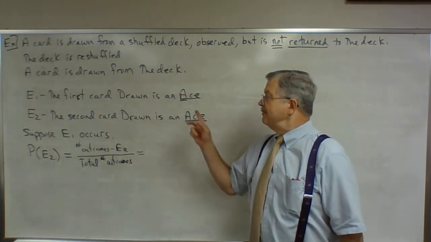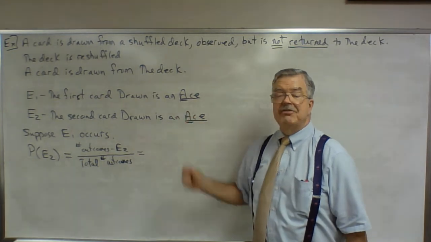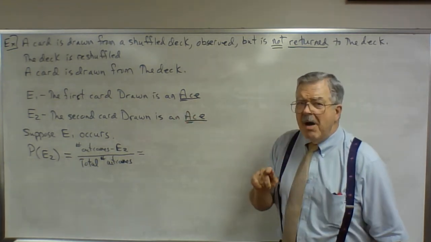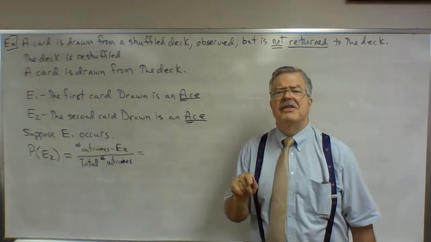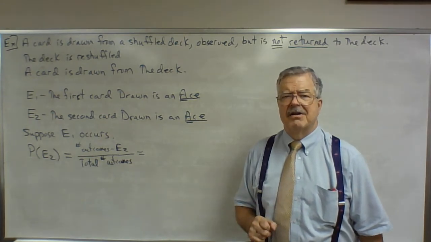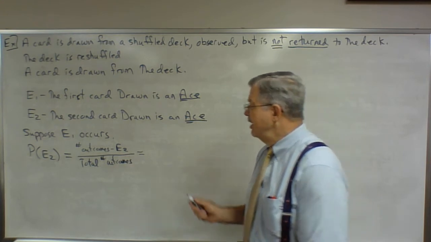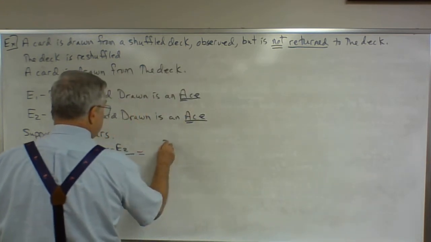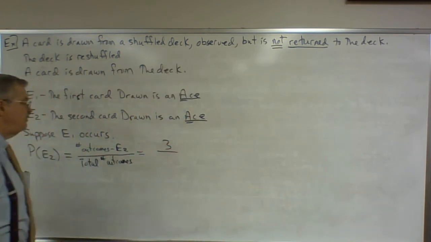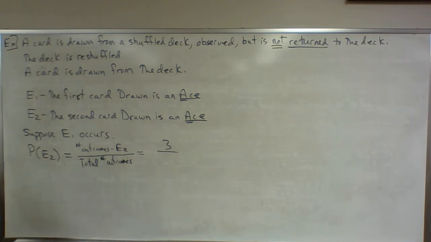So if that first card that we drew, an ace, is not in the deck, how many aces are left in the deck when we select that second card? There's only 3 of them, right? So now there's only 3 outcomes that result in E2, an ace on the second draw.